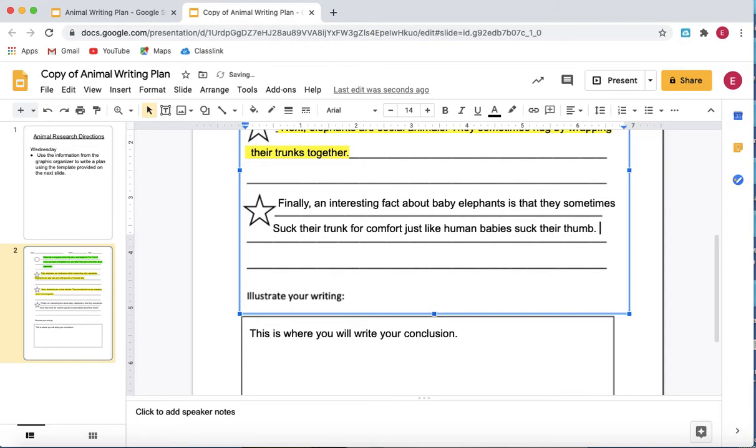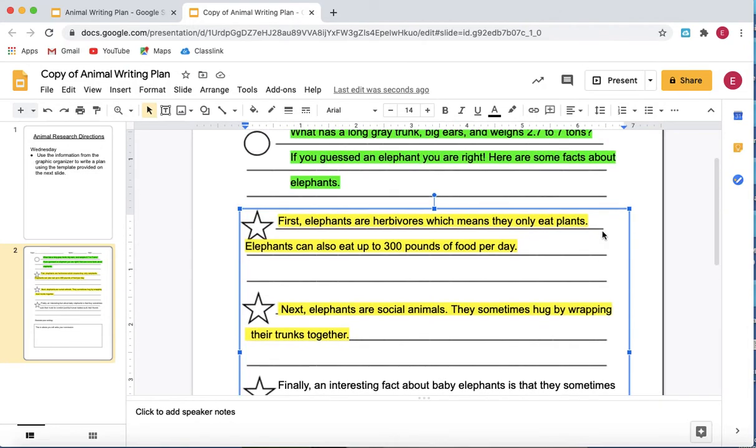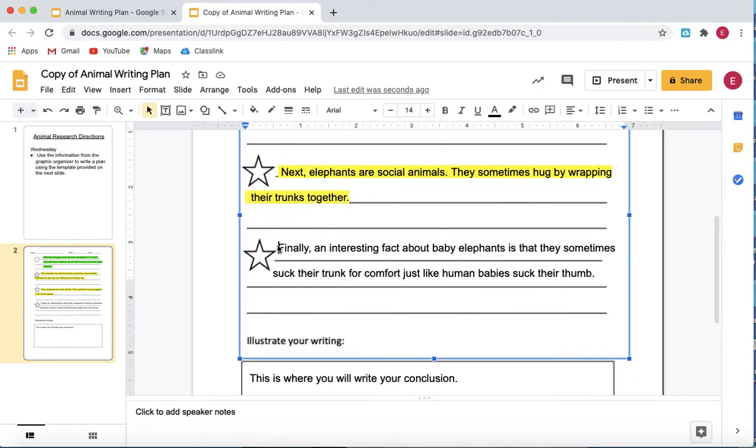Okay. So finally, an interesting fact about baby elephants is that they sometimes suck their trunk for comfort, just like human babies suck their thumb. So I thought that was cute. I found that in the National Geographic website, and I thought that was cute, so I wanted to put that in there. So again, I'm going to highlight that yellow because it's my star.